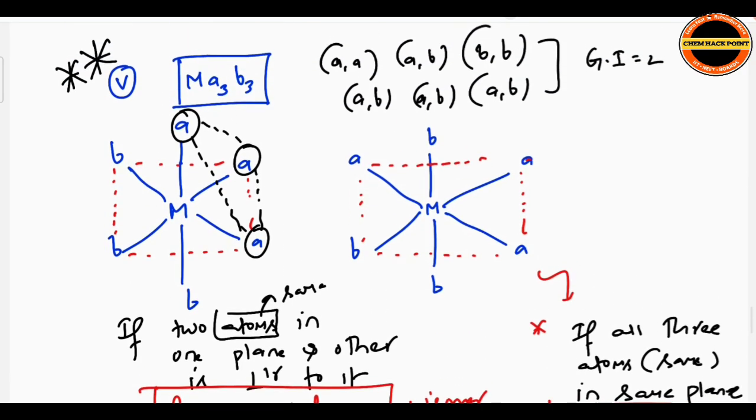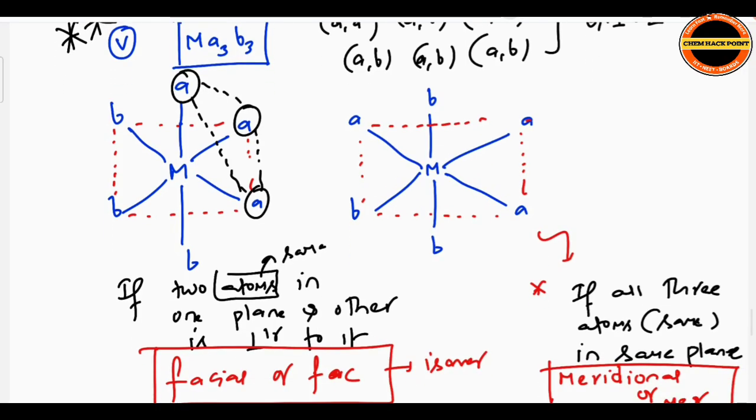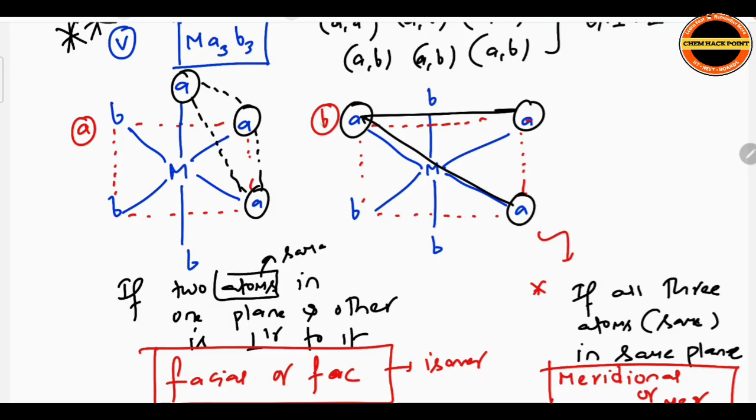Okay. Another case, see I am showing here clearly, it is first, it is second arrangement. Here you observe it. So in this structure, all 3 are in the same plane. How are you getting it? See here, all 3 in the same plane: 1, 2, 3. With respect to A you think, or with respect to B also you can think, in both cases all 3 are in the same plane.